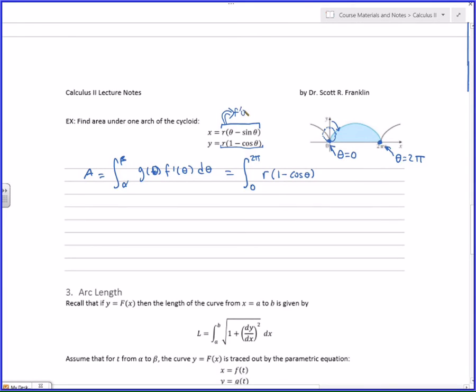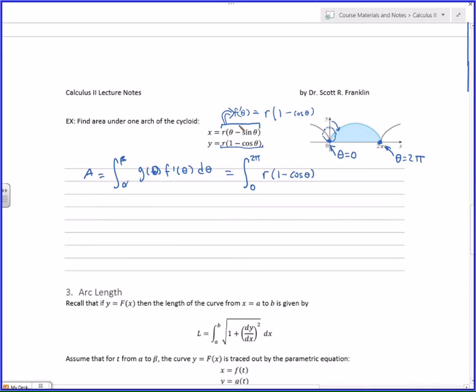What is f prime of theta? The derivative of this with respect to theta would be r minus cosine. Okay, so actually I'm going to just leave the r out front because it's a parameter, so it's just 1 minus cosine theta. Actually, it turns out to match the y, doesn't it? It's kind of cool.